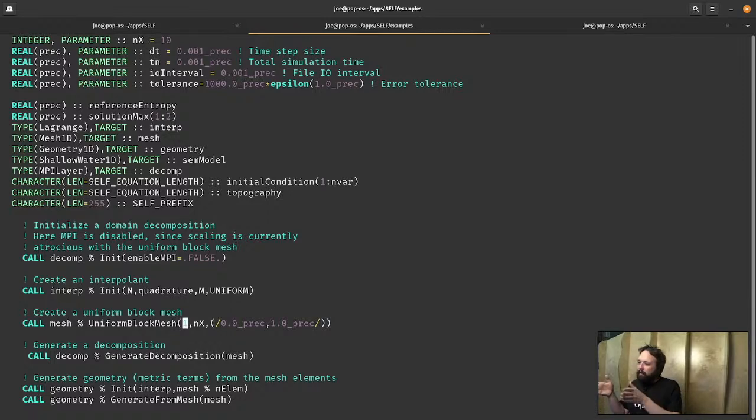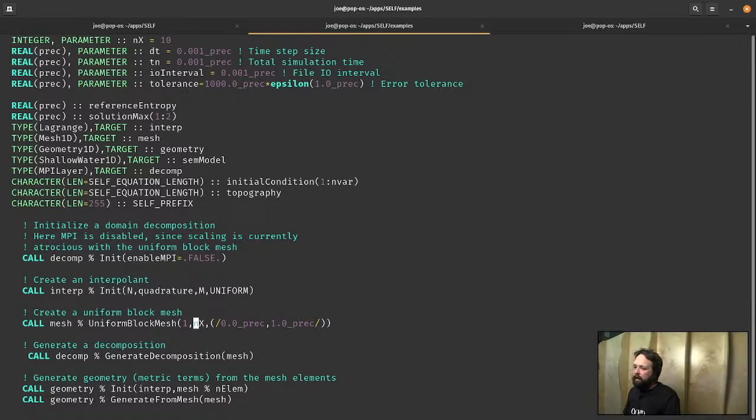In 1D, I could think of a scenario where you might want to focus resolution on a particular point. You can do a nonlinear function to squeeze a lot of your quadrature points to one spot. I don't have that implemented yet, but that's the reason why I've left the polynomial degree of the mesh variable here. But we'll go ahead and do linear to start.